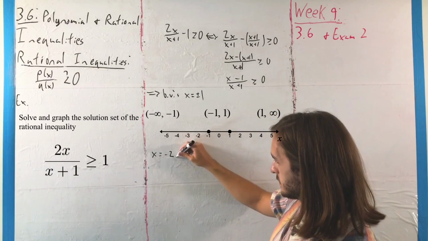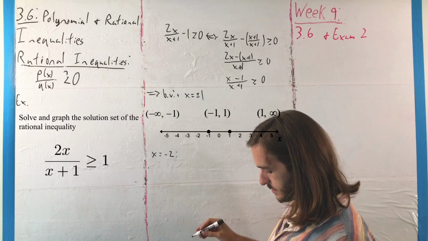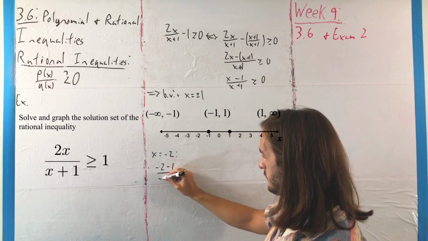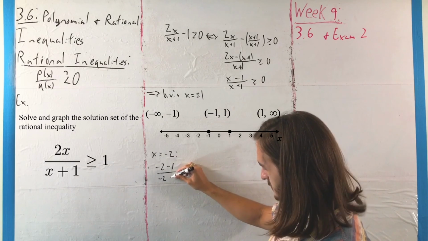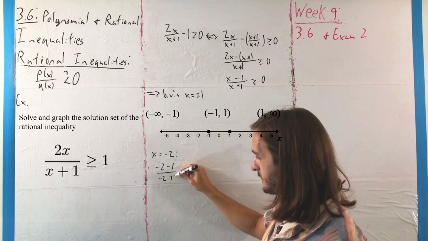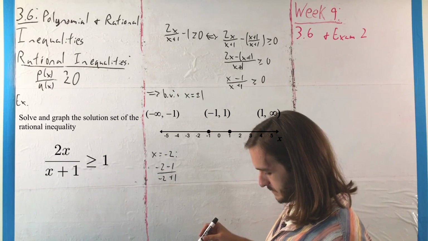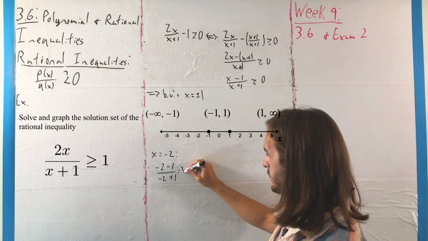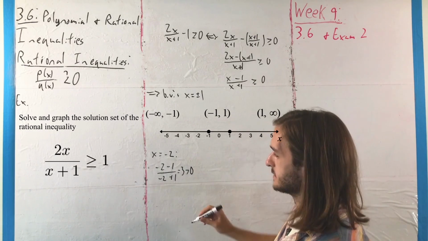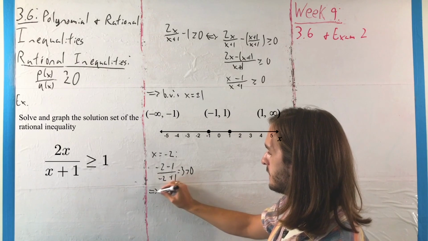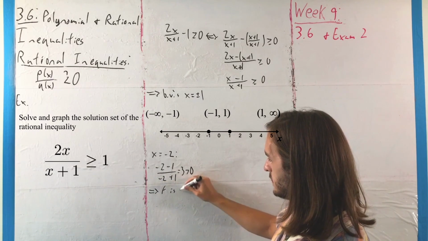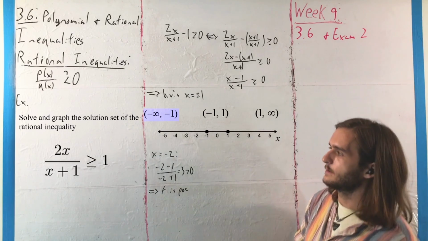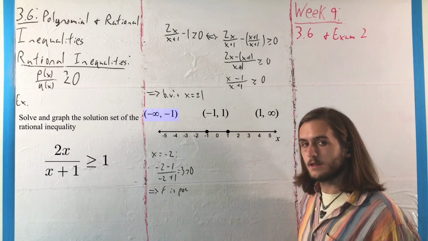And if we take x is equal to negative 2, then what we will end up with is negative 2 minus 1 over negative 2 plus 1, which ends up being negative 3 over negative 1, or 3, which is positive. So we will have that our function is positive on that interval. It's always bigger than 0 on that part.